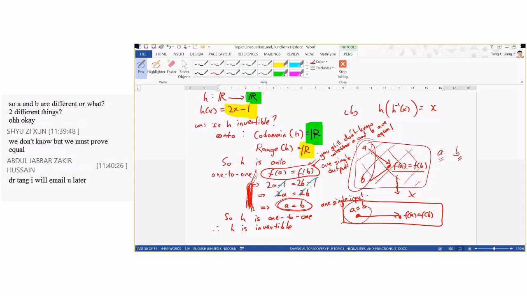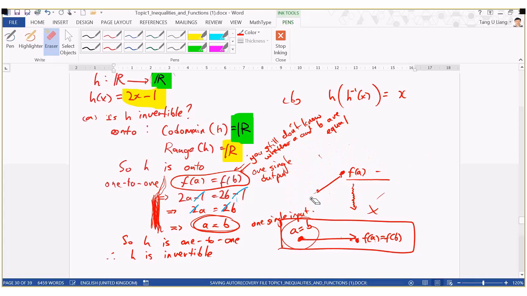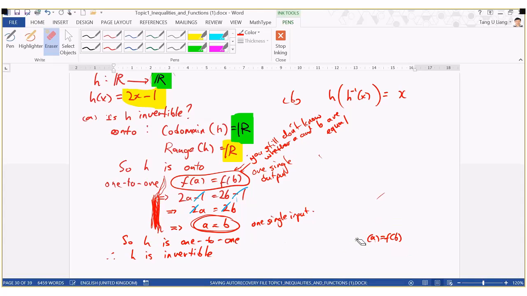Just as I said before, H inverse x is the input into H. So that will go into 2 H inverse x minus 1 equals x. Then you make H inverse the subject of the equation. How do you do that?